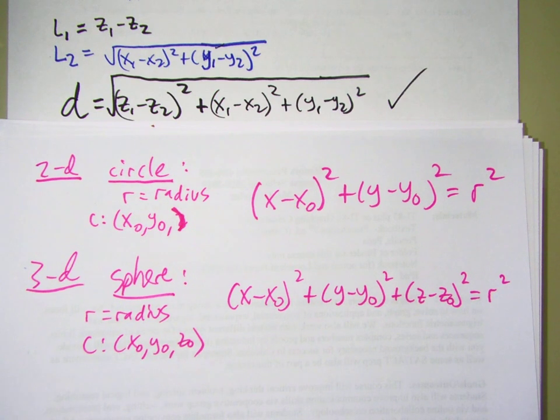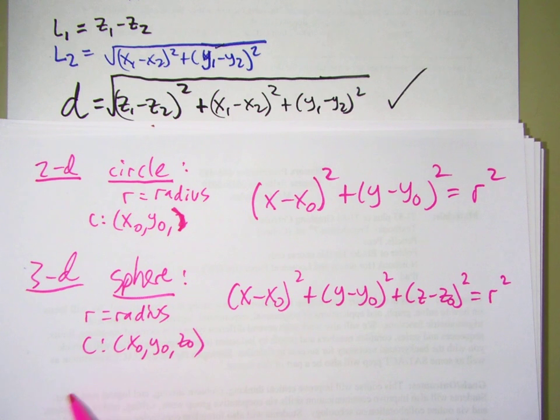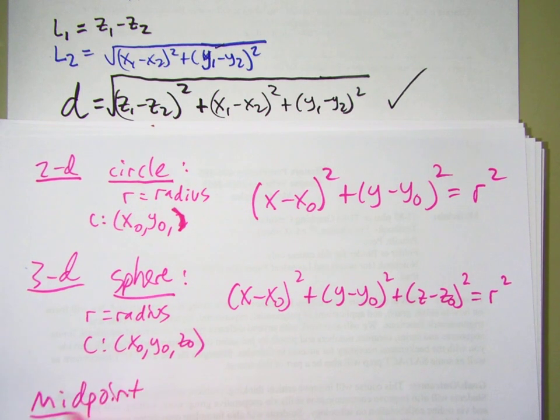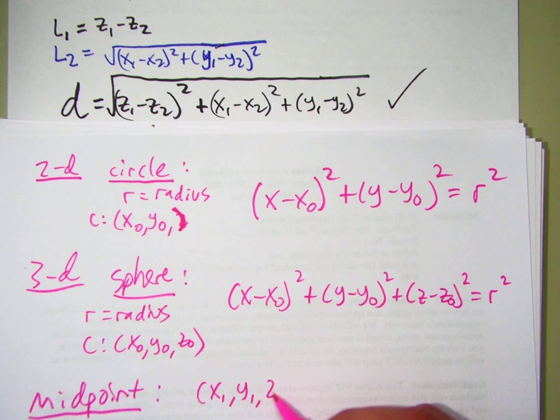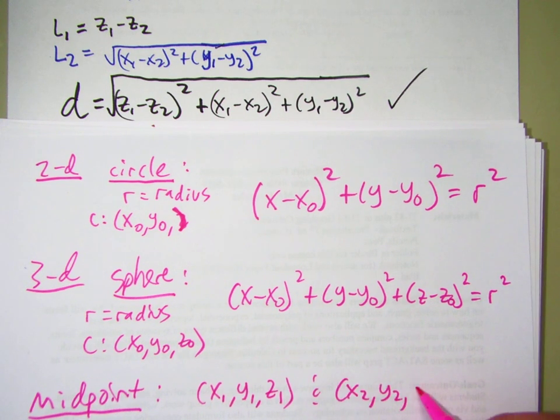And added one more thing before you guys try an example real quick. Midpoint formula is exactly what you would expect it to be. I don't know if you've ever thought of it this way, but in 2 dimensions, it's really just the average of the coordinates, right? That holds no matter what the dimensions are. So if we have 3 dimensions, how would I find the midpoint of 2 points? Let's say x1, y1, z1, and x2, y2, z2.